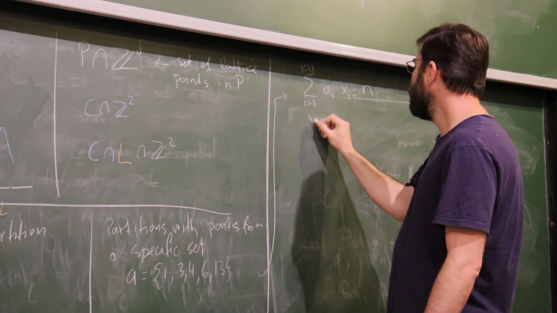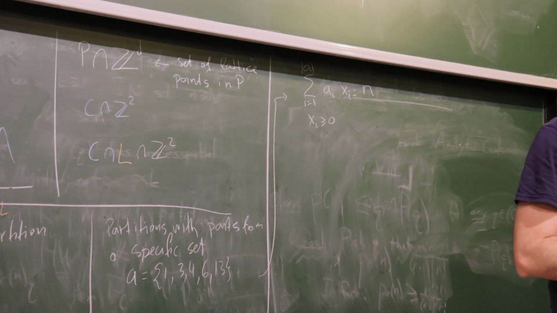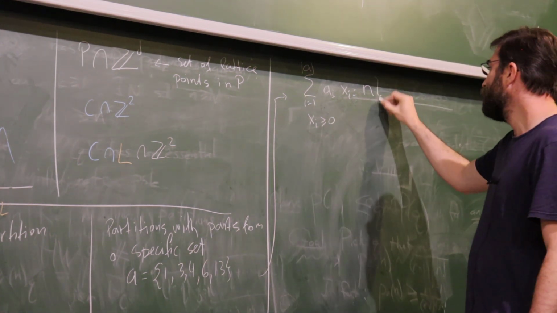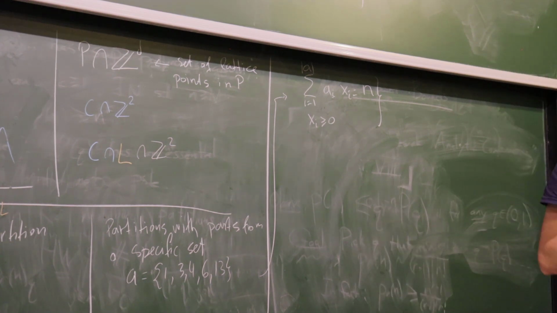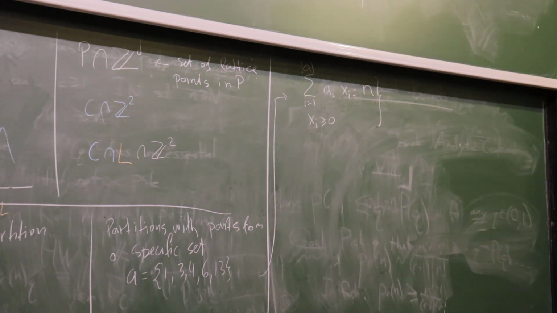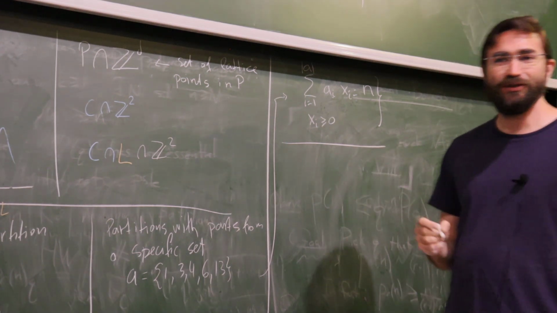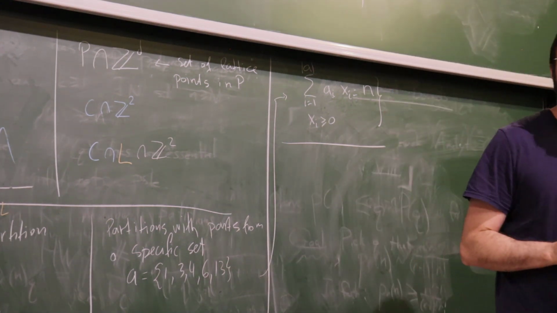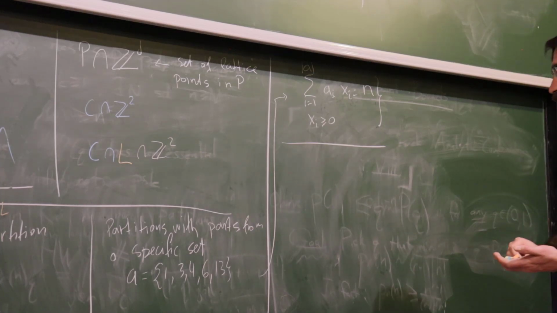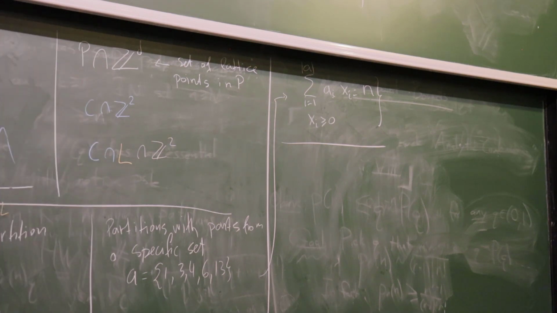And then I also want every xi to be non-negative. And that's now my system describing partitions of n with parts from this particular set. Okay. If you want me to draw, still I will have again just two parts. So, good. Questions?